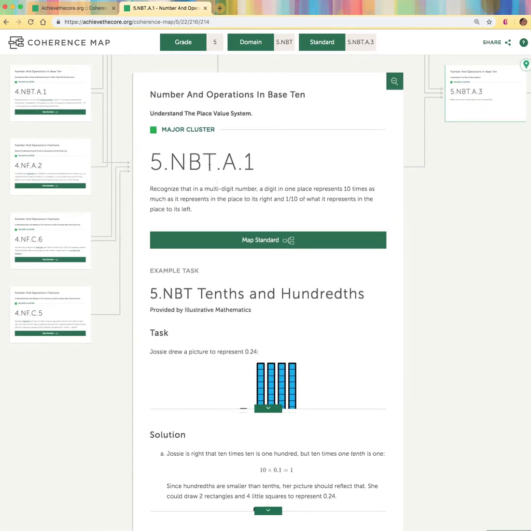So one of the foundational skills for comparing decimal numbers to the thousandths place is recognizing that a digit in one place represents 10 times as much as it represents in the place to its right, or 1/10 of what it represents in the place to its left. So I may want to go back and revisit this topic as I'm beginning to work with students on comparing decimals to the thousandths place.